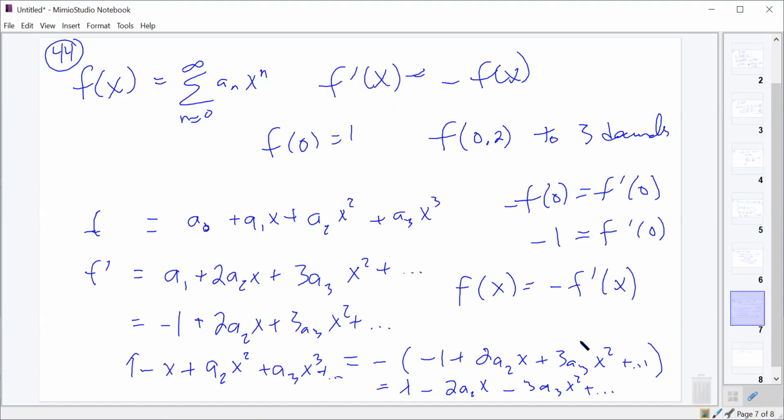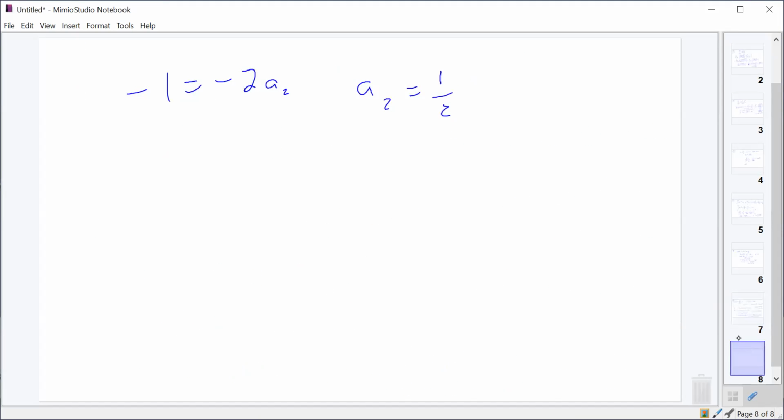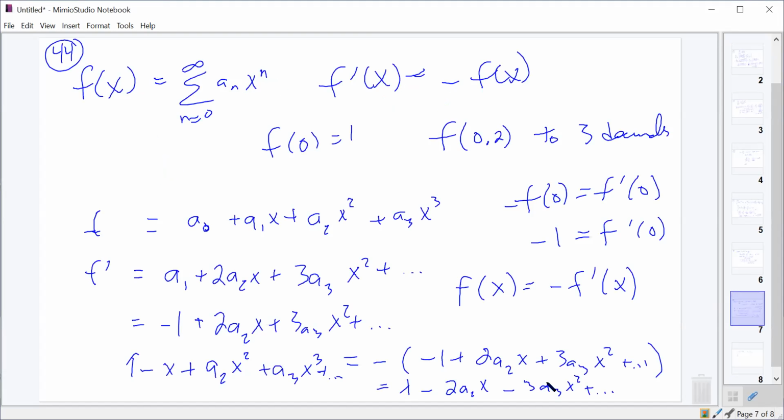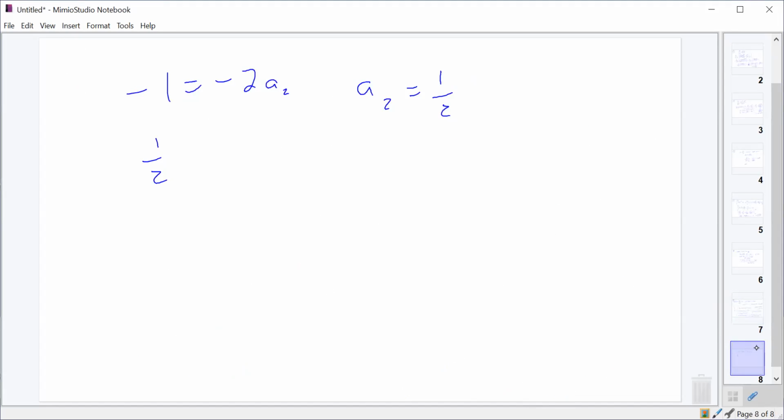And if we go to the next one, we have 1/2 x squareds, and then we have negative 3 a sub 3x squareds. So that would be negative 3 a sub 3. We should be able to simplify that down, and that should give us a negative 1/6.